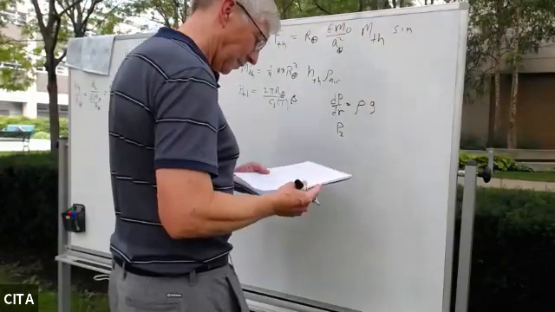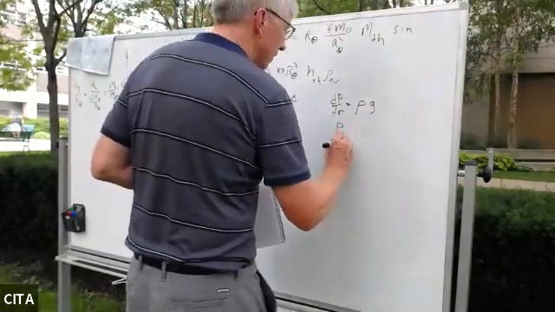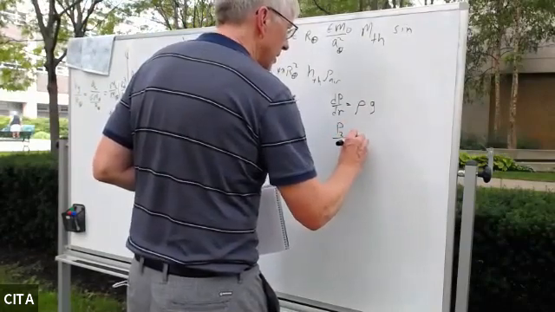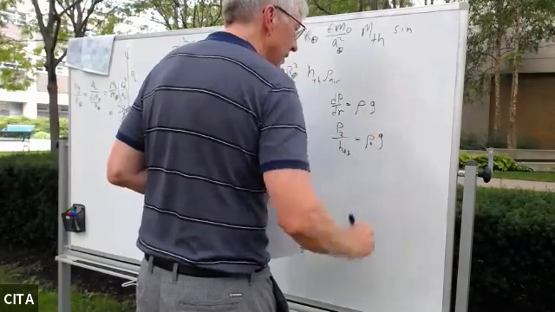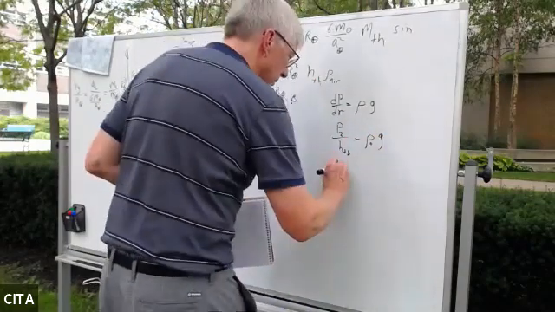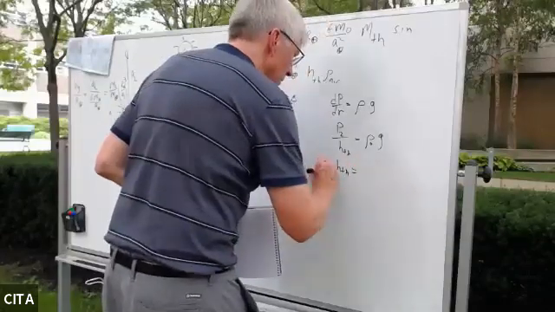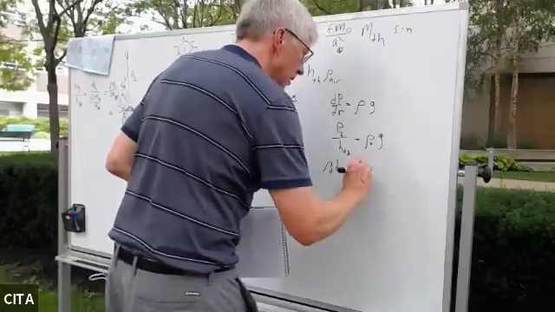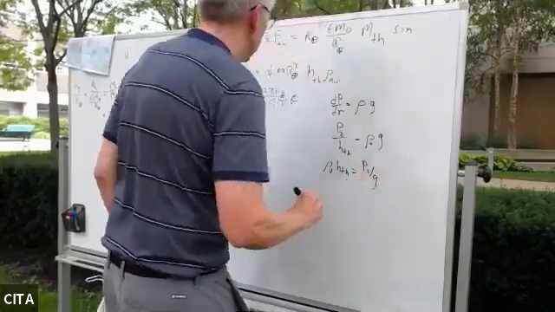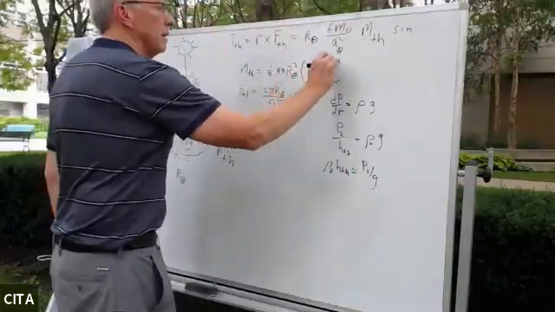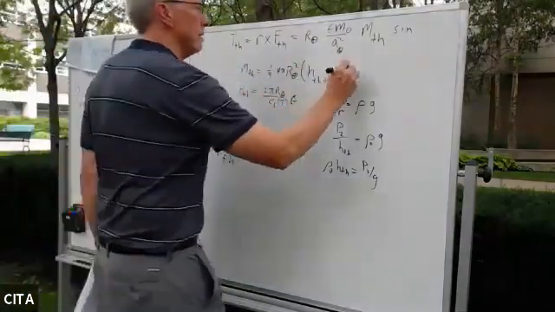So this says that P2 over H thermal is equal to rho 0 g, or H thermal times rho is equal to P2 over g. And that's what I'm going to plug in here.